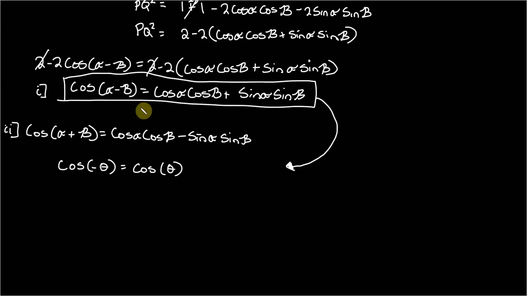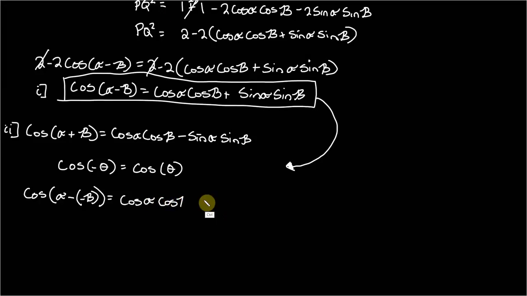And so what we can do then is take this identity and substitute negative beta. What ends up happening is we get cos(alpha minus negative beta) equals cos alpha cos(negative beta) plus sine alpha sine(negative beta).